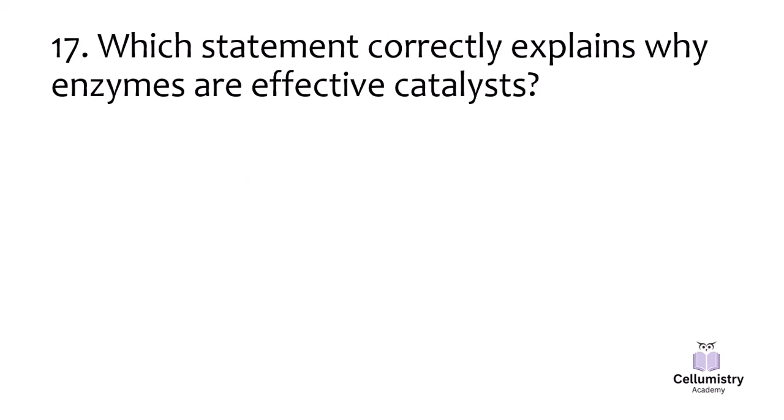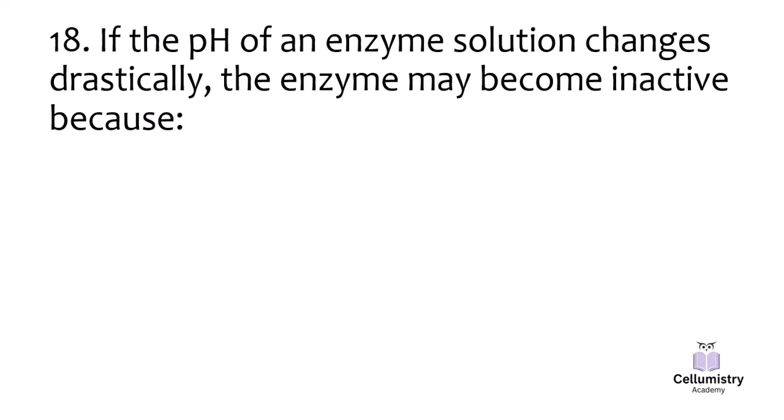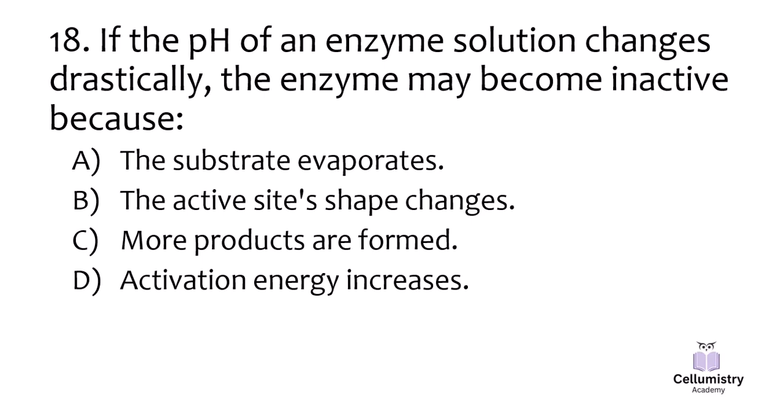Which statement correctly explains why enzymes are effective catalysts? Answer is B. They lower the activation energy. If the pH of an enzyme solution changes drastically, the enzyme may become inactive because... Answer is B. The active site's shape changes.